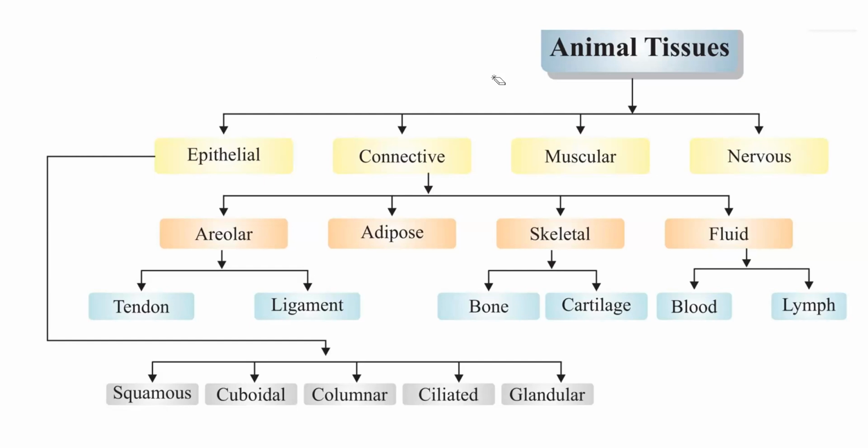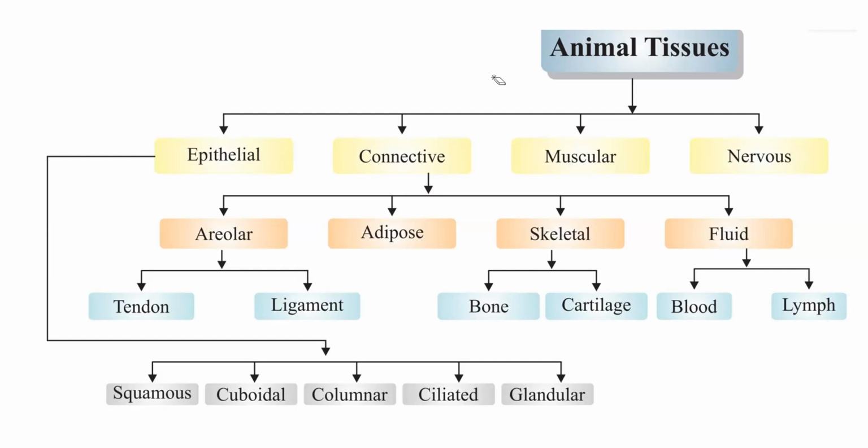If we talk about epithelial tissue, it is the top layer that forms the upper layer of our body parts. For example, your skin is made of epidermal cells. If you look into your mouth, the tongue is made up of epithelial tissue. The inner lining of the mouth, and the inner and outer lining of the small intestine, are all made up of epithelial tissue.